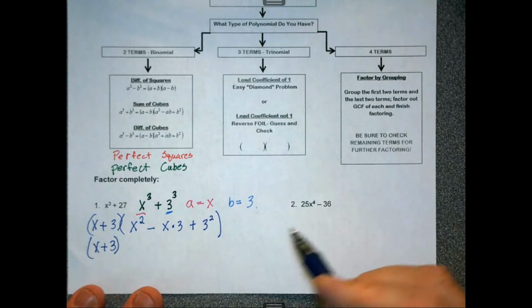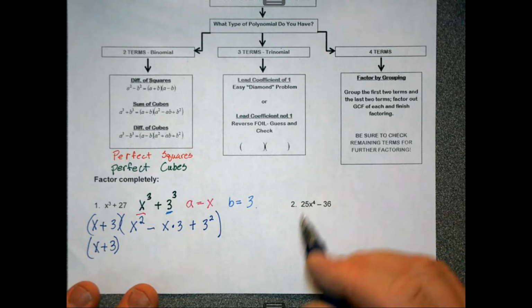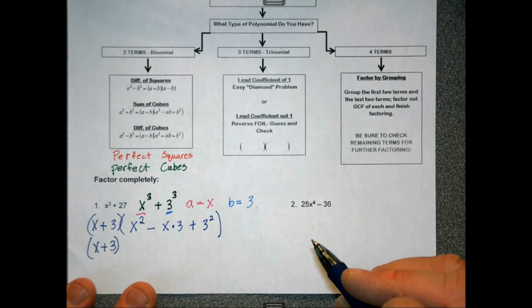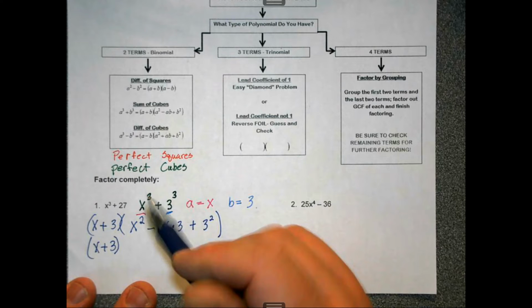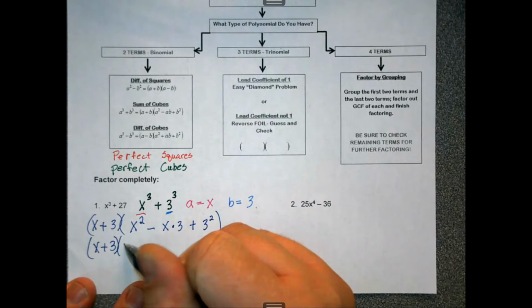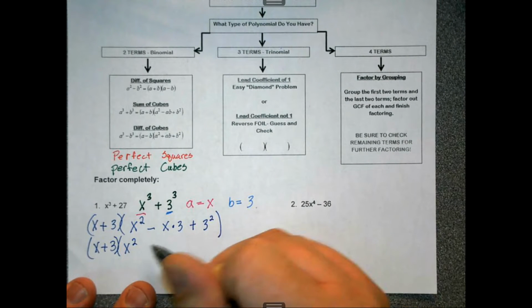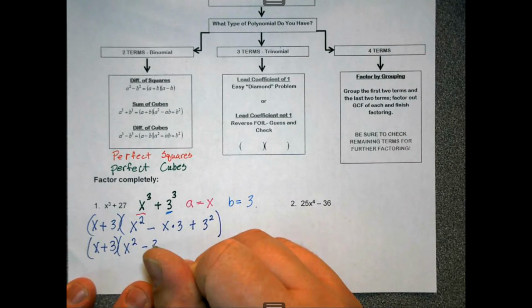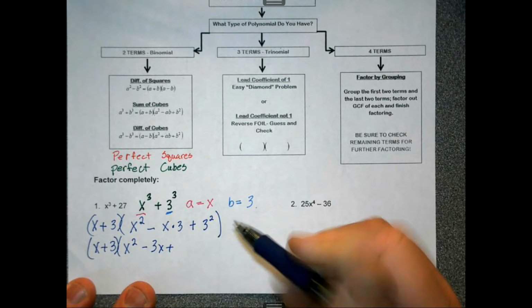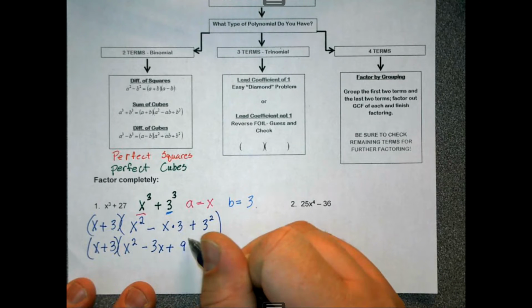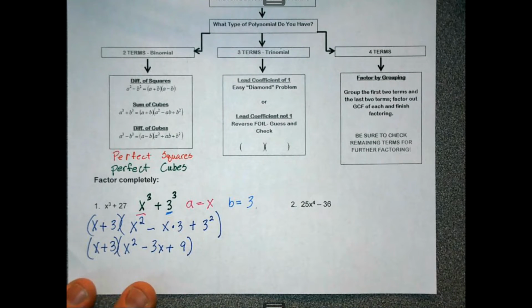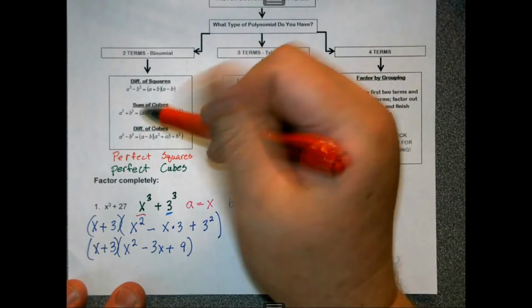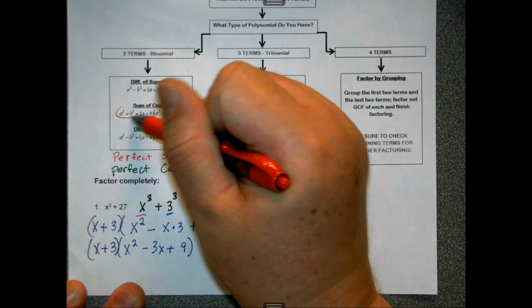Okay, let's try a different problem and see if it comes to you. So I have my x squared. We usually put the coefficient in front, right? So 3x. And then 3 squared is 9. So I was following this sum of cubes.